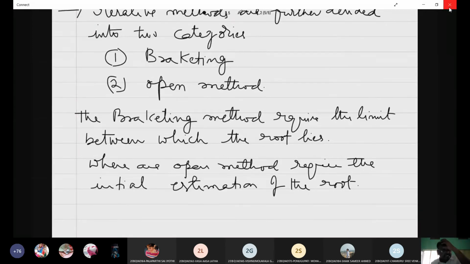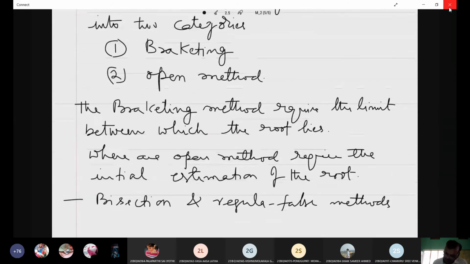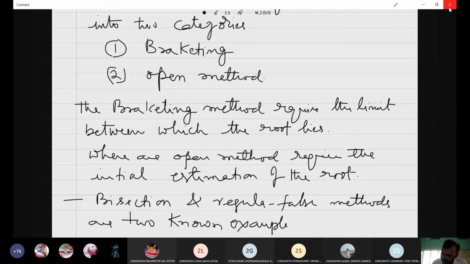Now, the bisection method and regula falsi. Next point: bisection and regula falsi methods are 2 known examples of the bracketing method.